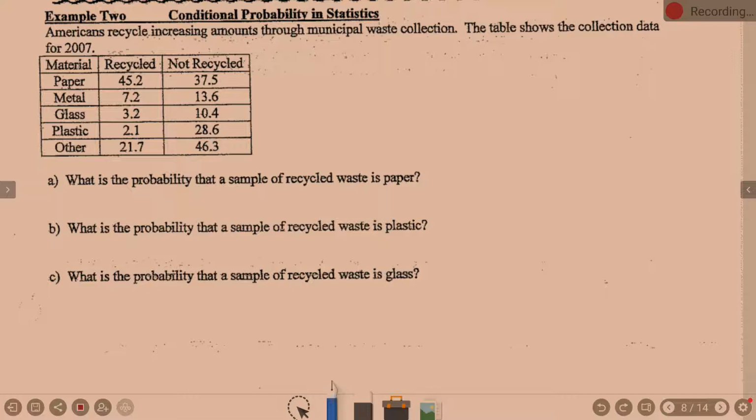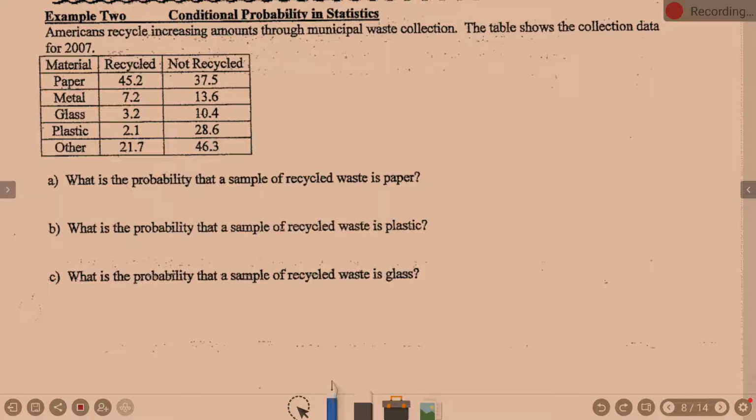Now, let's look at A. What is the probability that a sample of recycled waste is paper? What are they asking us here? Put the recycled paper over all of it. So the question is about recycled paper, yes.